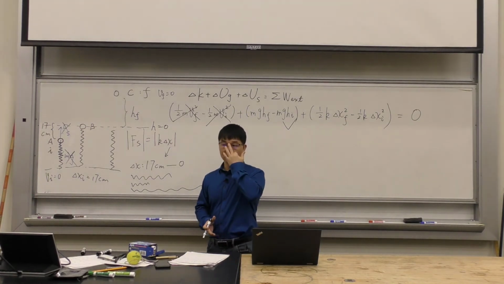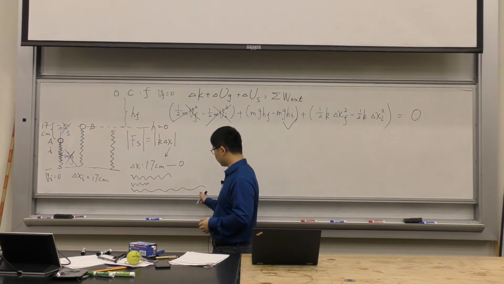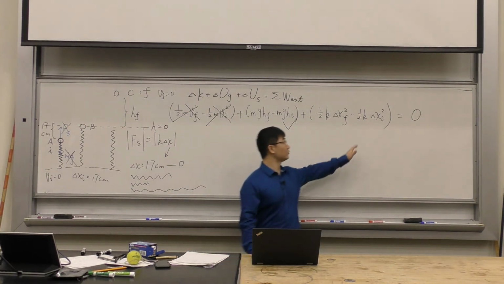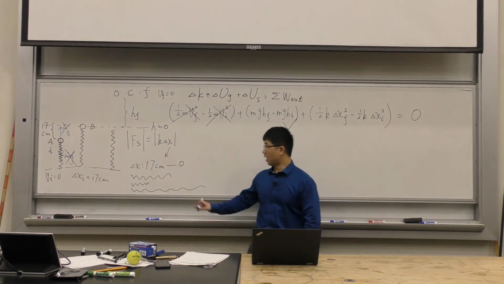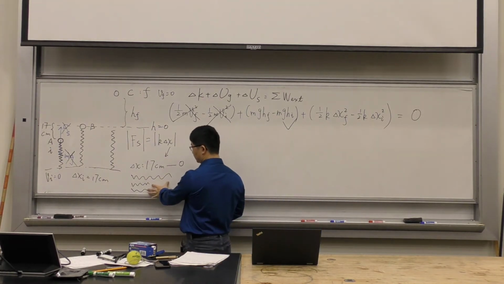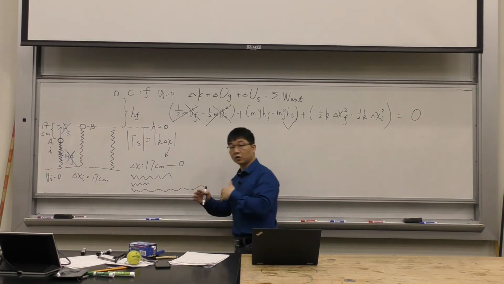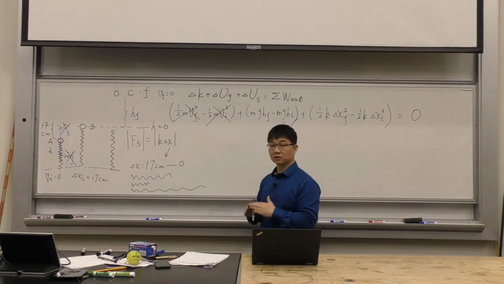You can do that if you like, but I always have a square at the end, so I'm just going to use the difference. If this is the original length, this is the displacement. So I don't need to worry about the sign when I work with the spring, okay?